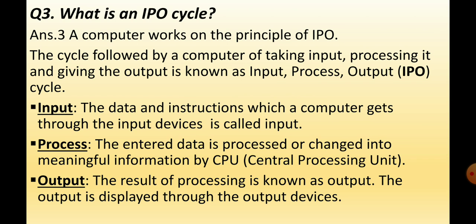Second, process: the entered data is processed or changed into meaningful information by the CPU, the central processing unit. So whatever input we have given, the CPU changes into meaningful information and then we get the output. Then output: the result of processing is known as output. The output is displayed through the output devices.